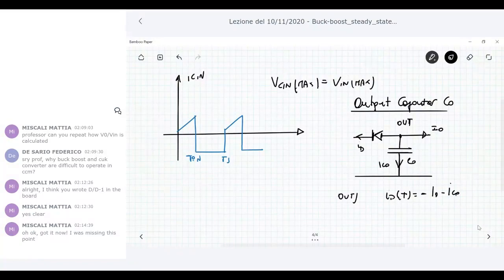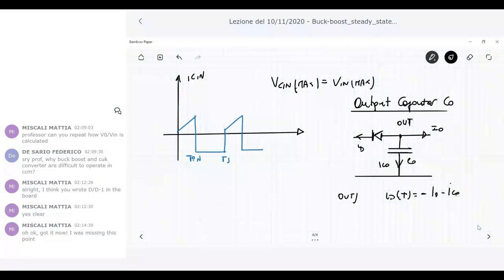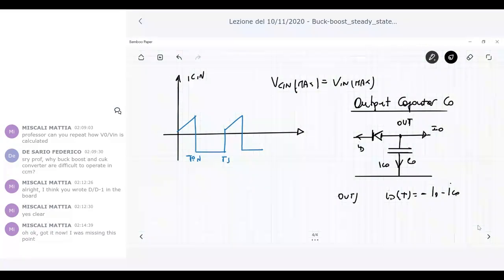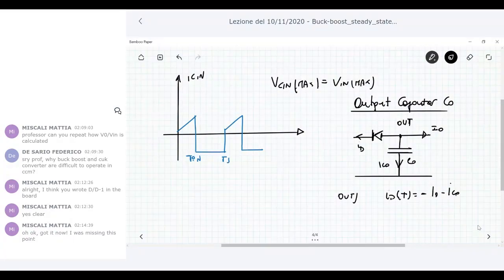Okay, and if you want to find out the root mean square value of the output capacitor current, you can apply to this law the quadratic Kirchhoff current law, because the current ID has both the AC and DC components. I naught is just a DC current. IC naught is just an AC current.